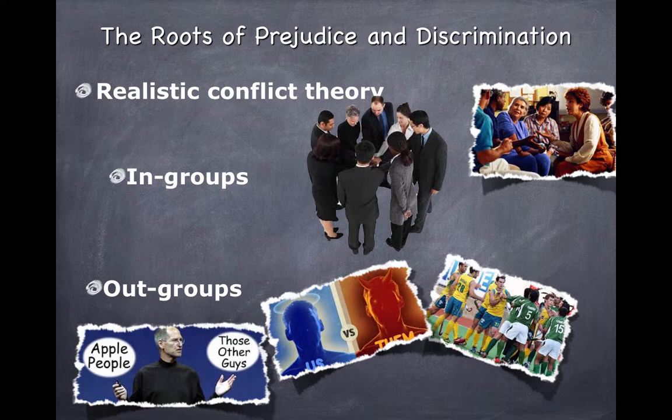I know from my own experience when I was in high school, there were the academic kids, the geeks, if you will, and then there were the jocks, and the two don't mix. So geeks don't join the jocks, and jocks don't join the geeks. And so there was a clear distinction of in-groups and out-groups, and you knew who belonged and who didn't belong.